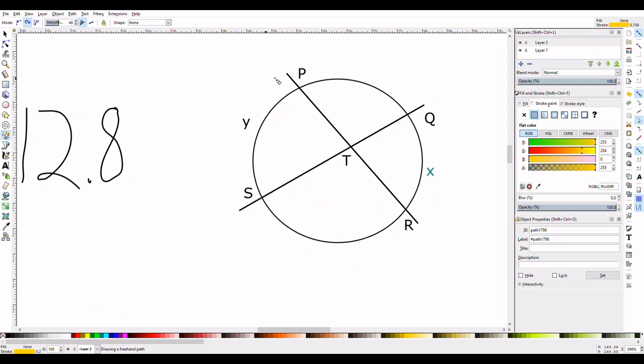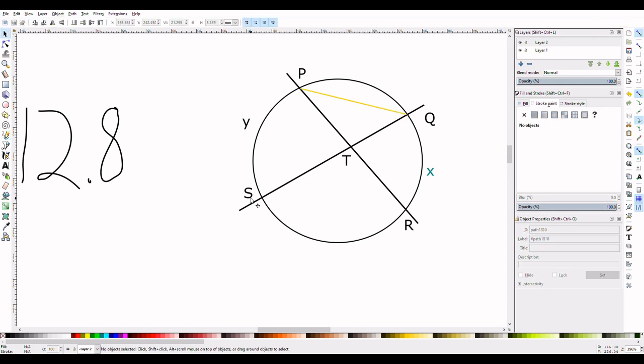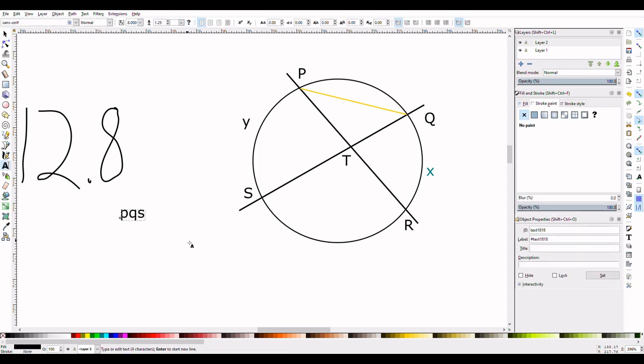So, I draw my line from P to Q, and I know that PQS is 1/2 of y. And I know that QPR is 1/2 of x.